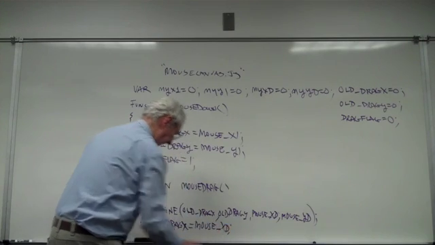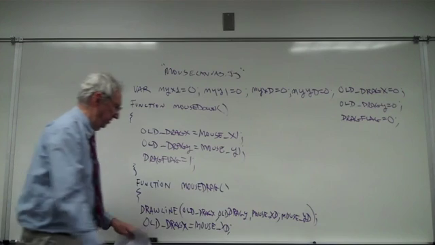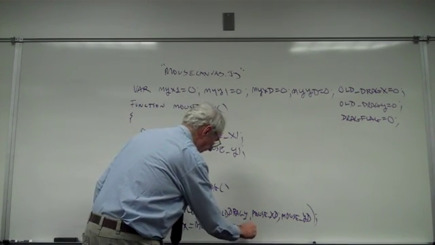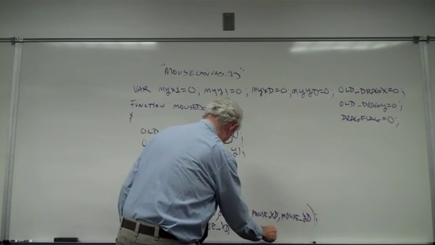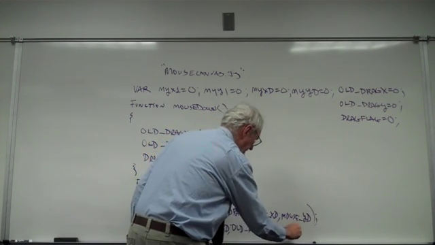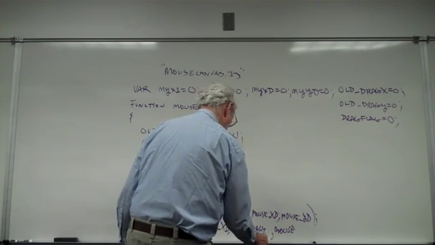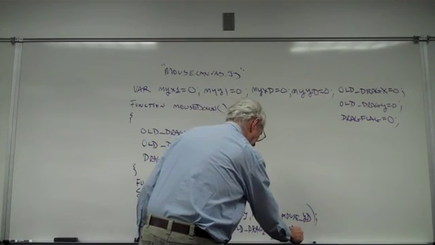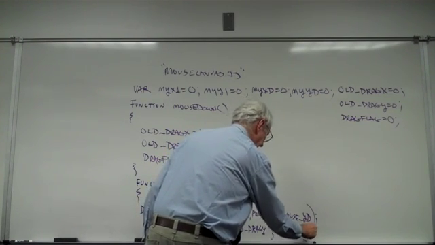So what I'm doing is I'm putting the current mouse position of x into the old drag position, and then old drag y equal to mouse yd. There it is, like so.